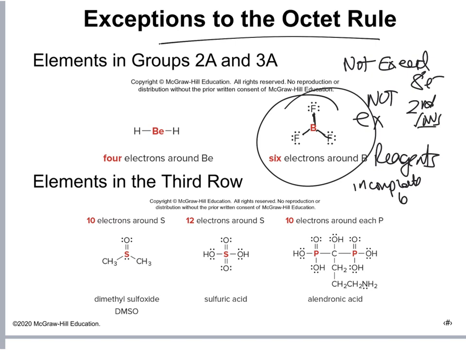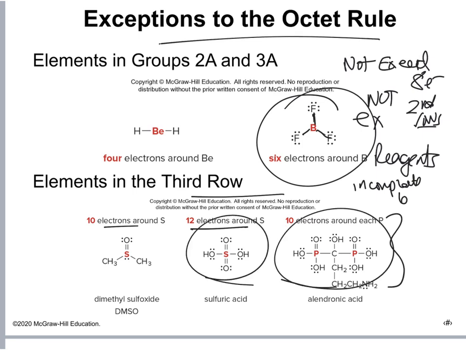Okay, so elements in the third row can have more, and you'll see this in phosphorus a lot, and maybe some sulfur, because in the third row, they have d orbitals. And d orbitals, even if they don't use them, they can put electrons in them. The second row does not have any d orbitals, so they cannot exceed the octet.